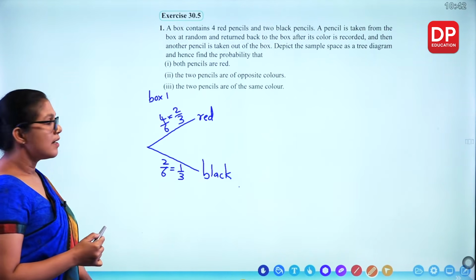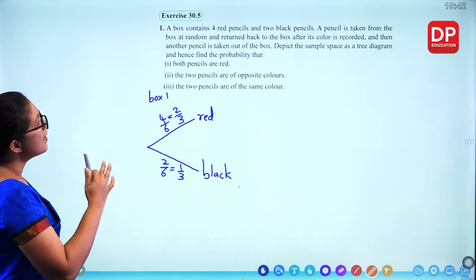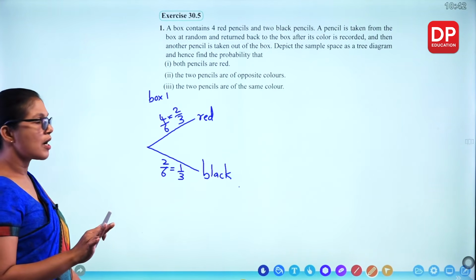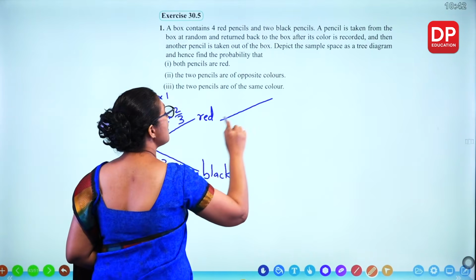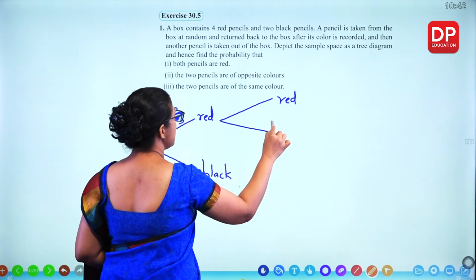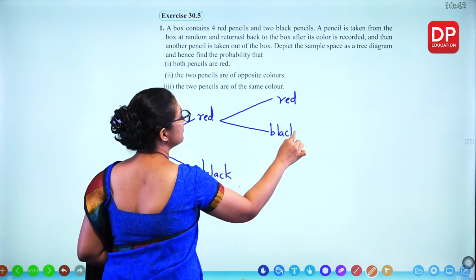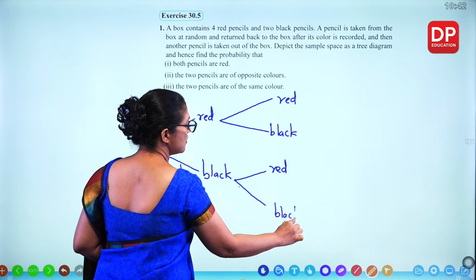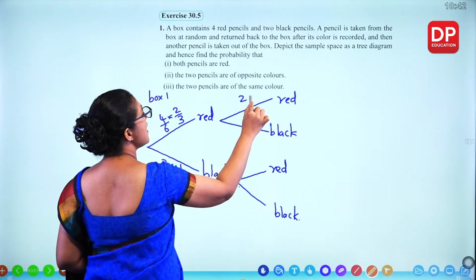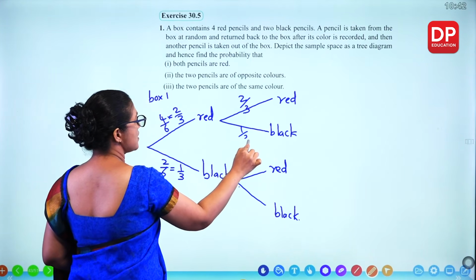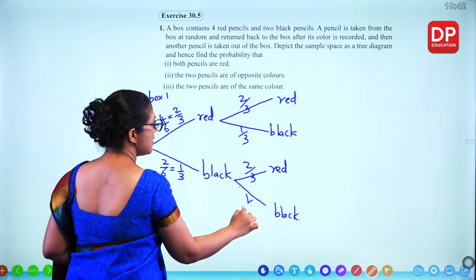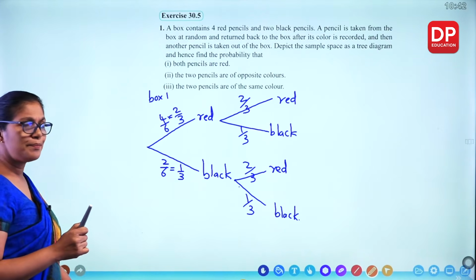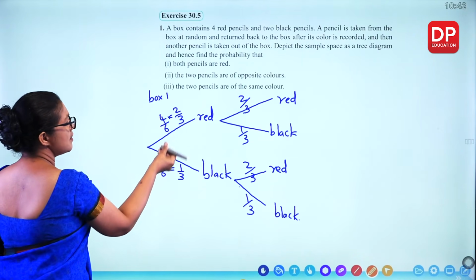So that's the probability. Now again another box is there, same type. That means same outcomes are there. So we can draw the other box again, red, black, red, black. Same probabilities are there, 2/3, 1/3. And also in a tree diagram, there's a property.